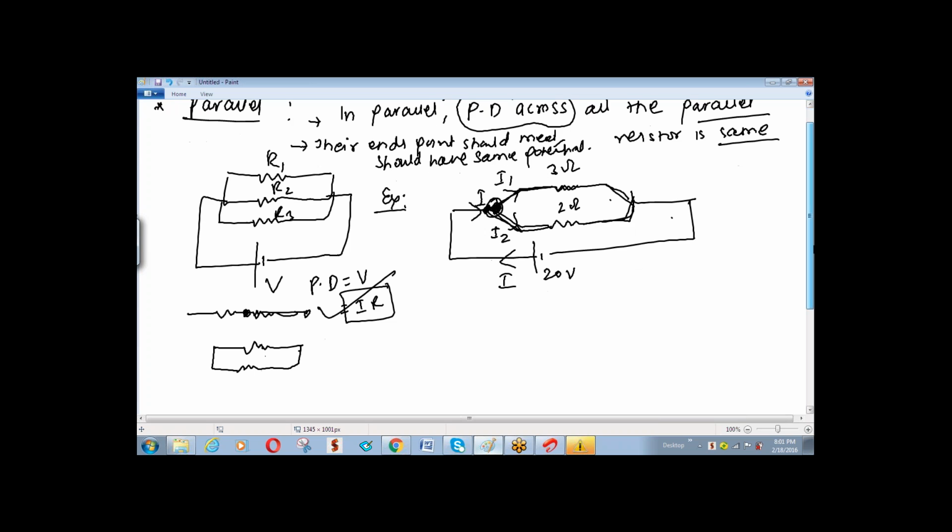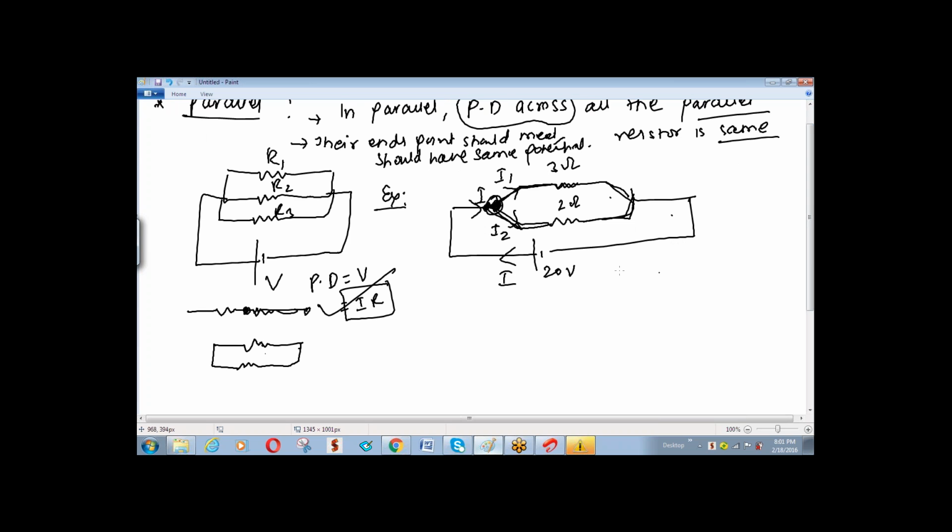Now I am very sure that the potential difference across 3 ohm is equal to the potential difference across 2 ohm. Why? Because they are in parallel. Now if I ask you the value of potential across this 3 ohm, as soon as I ask potential difference, the term that clicks in your mind is I into R. What is the current in this?